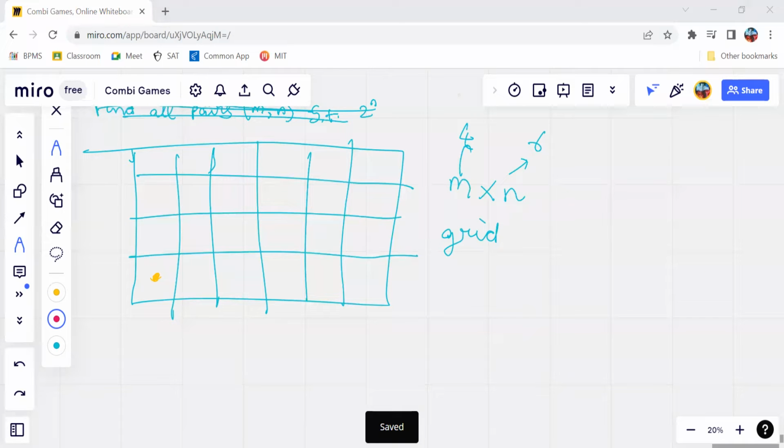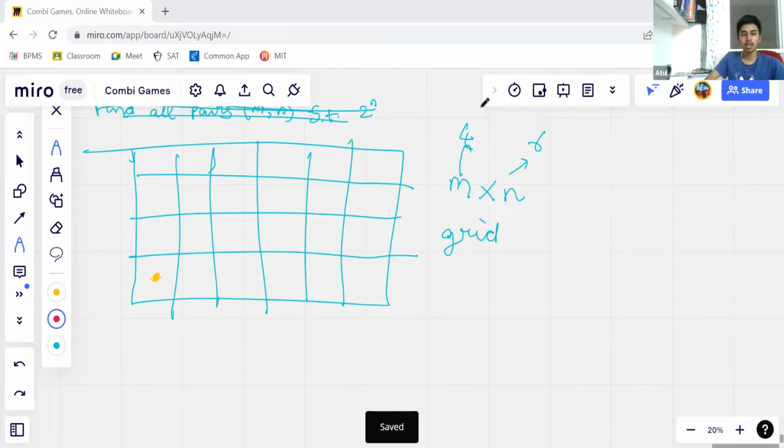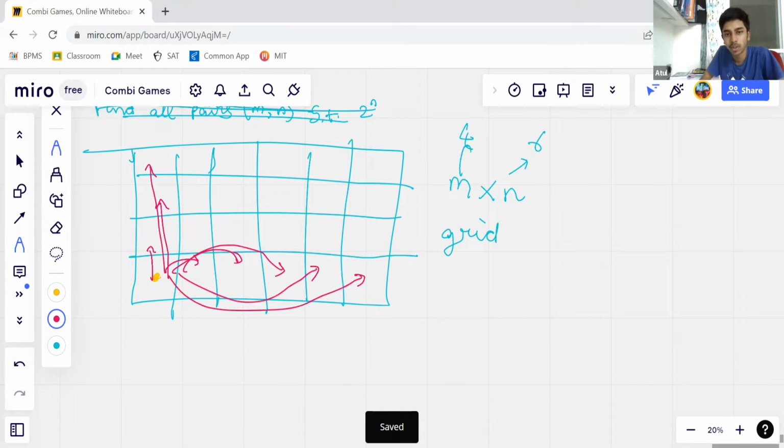Can you repeat the question? Yeah. So you have an m by n grid, m rows and n columns, in this case 4 by 6. You have this yellow token in the bottom left corner. So Alice and Bob take turns moving. And on your move, you can move the token any number of squares up or any number of squares to the right. So for example, moving it here, or to any of these squares are all valid moves. But if you're on this square, you can only move here and here.